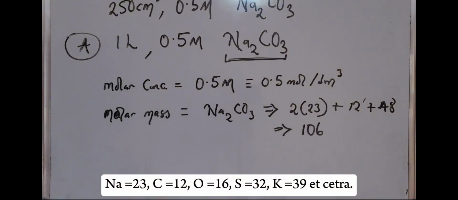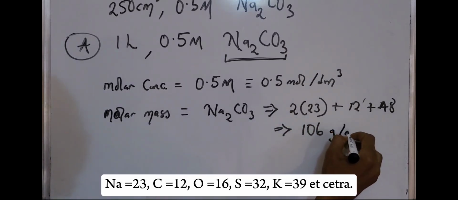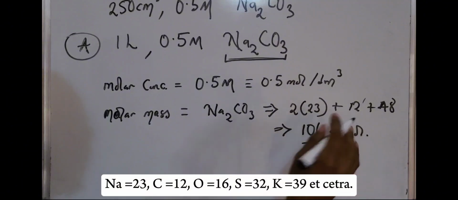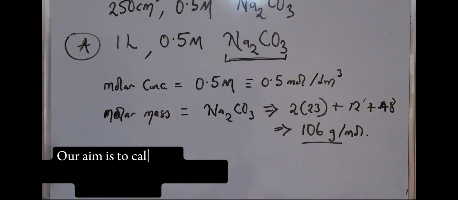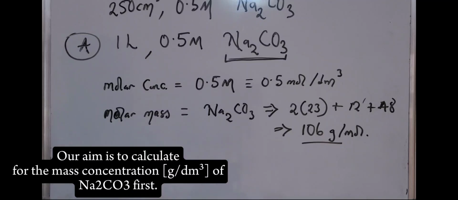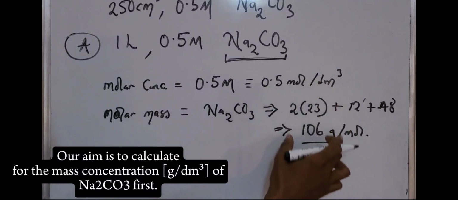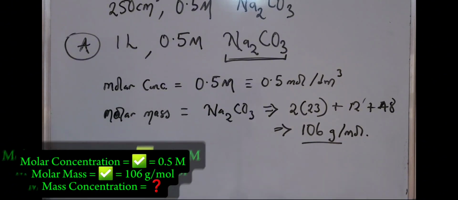Now, some of you go to the extent of not even putting a unit. It is wrong. Molar mass has its unit as gram per mole. You have to show that clearly. Every value you are indicating, be sure if it has a unit, indicate it. So you see, we have the concentration, we have the molar mass.